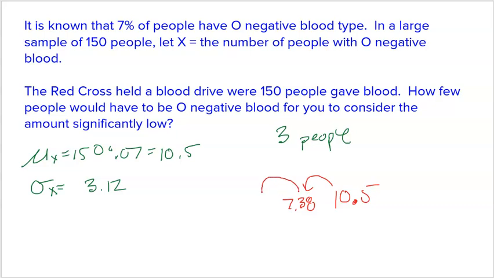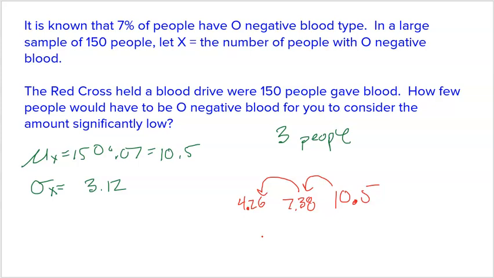Let's go down another standard deviation. 7.38 minus 3.12, and now we get 4.26. I know these are decimals, but these represent people. So somewhere around 4. At 2 standard deviations, things do tend to start becoming surprisingly low.